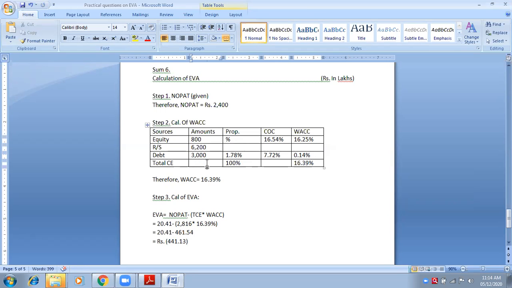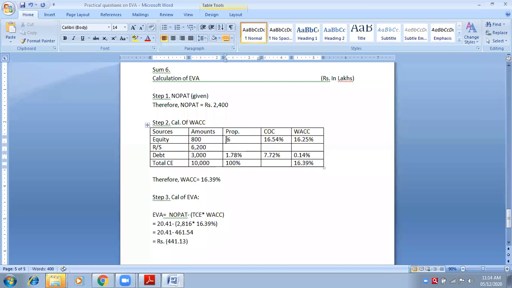Total capital employed. 10,000, ma'am. So 10,000 is correct. I've already written 10,000. See? So equity is 800, reserves and surplus 6,200, debt is 3,000, and 10,000 is my capital employed.